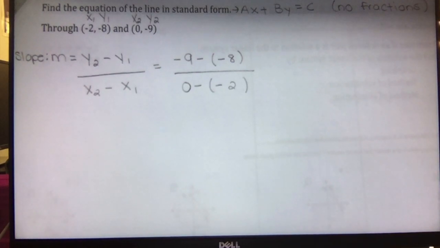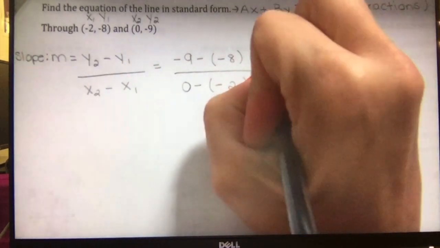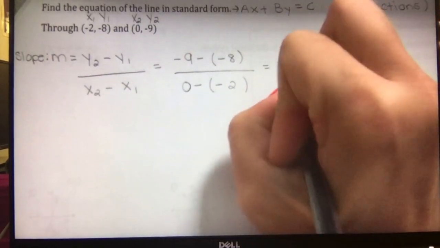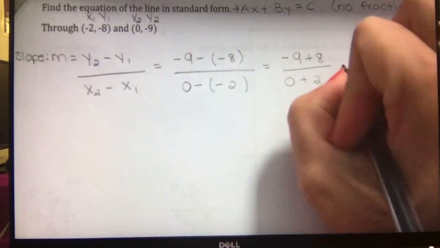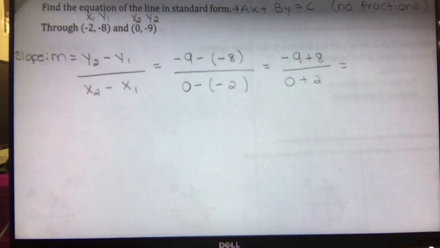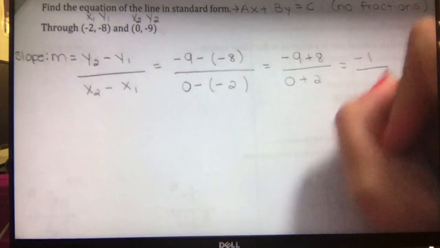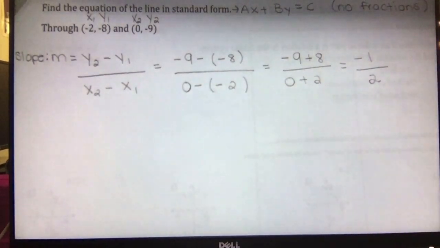Two negatives become positive, so we really have negative 9 plus 8 all over 0 plus 2. Negative 9 plus 8 is negative 1, all over 0 plus 2 is 2. We get negative 1/2 for our slope.